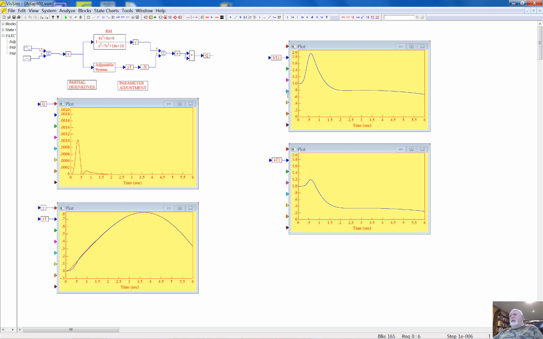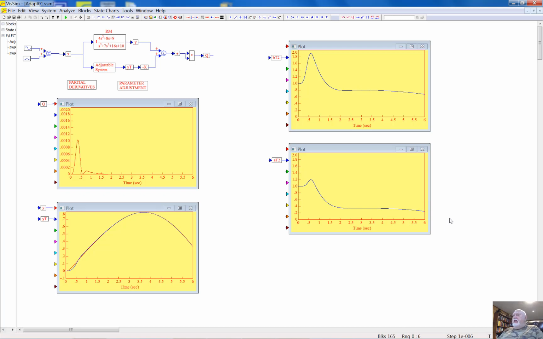But now you can see the value of parameter B2 of the adjustable system. It does not converge to the true value of this parameter, or to the parameter B2 of the reference model. It does not converge. And parameter A2 of the adjustable system also does not converge to the parameter value.